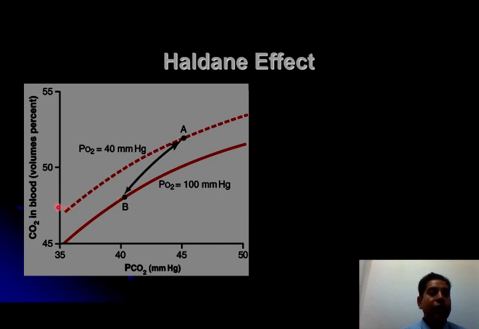That means you have almost double the amount of carbon dioxide transported from the venous end to the arterial end. So this is what is shown here.